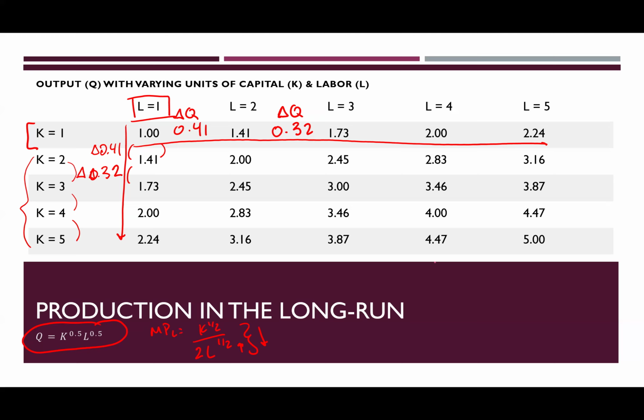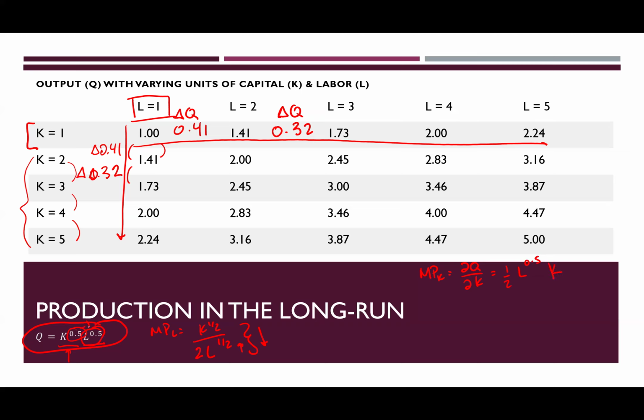Right. Similarly, capital, right? Let's go ahead and solve for this one. So the marginal product of capital is how output changes when only capital changes. So we're going to treat labor as a constant and only treat capital as a variable. So we'll apply that power rule. So we'll have 1/2 times the constant modifying capital, which is labor to the 1/2 power, times capital.